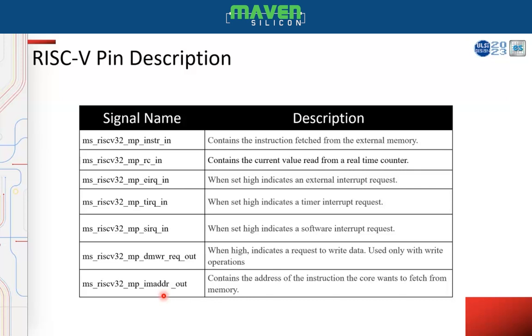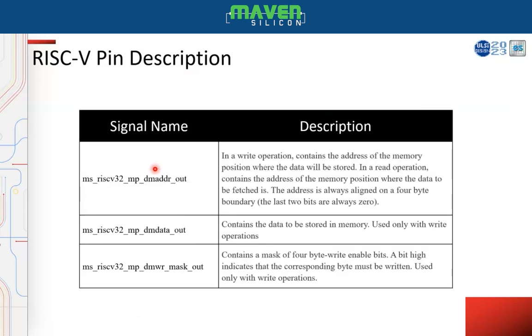And IM address out, this signal will produce an output which represents the address of the next instruction that's going to be fetched, right? So based on the IM address output, the external instruction memory will give the respective instruction through these instruction input lines. And during the execution of load and store, the processor has to produce DM address output.